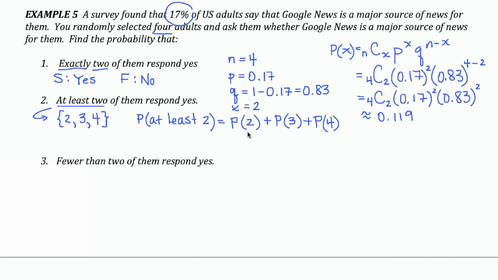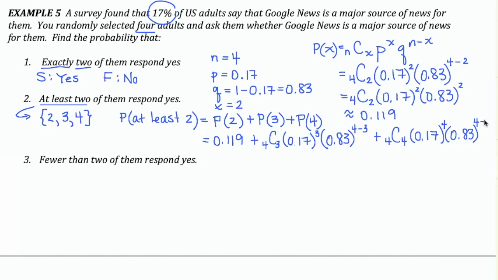Now, I already calculated P of 2 in the last example. That was 0.119. To calculate P of 3, again, it's just a matter of going back and changing all the 2's to 3's. And then for P of 4, it's the same thing, but now swap in a 4 for your number of successes.